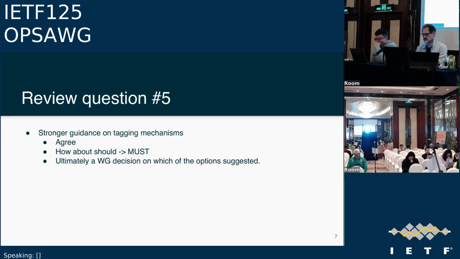So at a very simple level, yes, I can say should be a must in the document. But ultimately, the question would come down to what is the option we are recommending. Right now, what I have in the document is a Git tagging mechanism to tag a particular version of the module when it is published as part of the document.